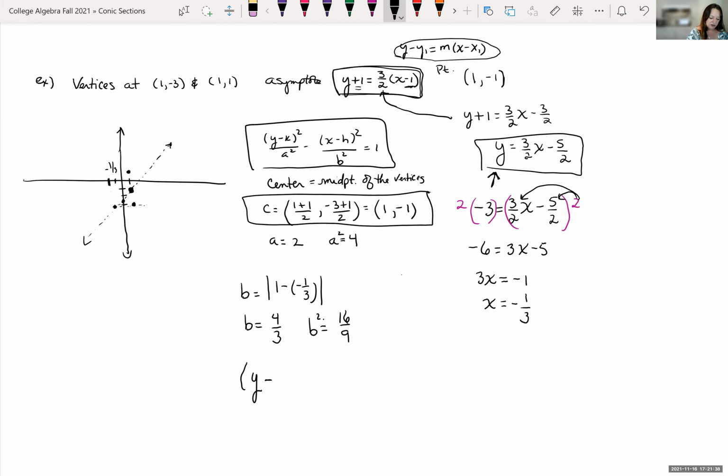And so if we do y minus a negative 1, so y plus 1 quantity squared all over a squared, that was 4, minus x minus h is 1, so x minus 1 quantity squared all over b squared, which we just found was 16/9, is equal to 1.